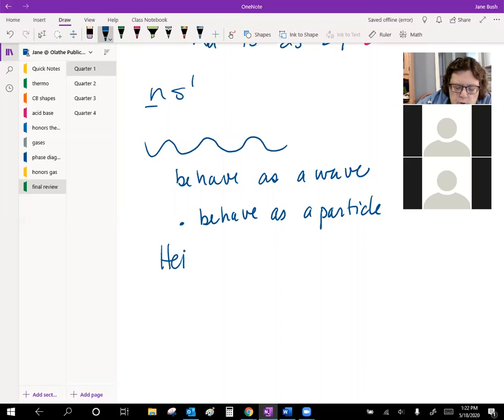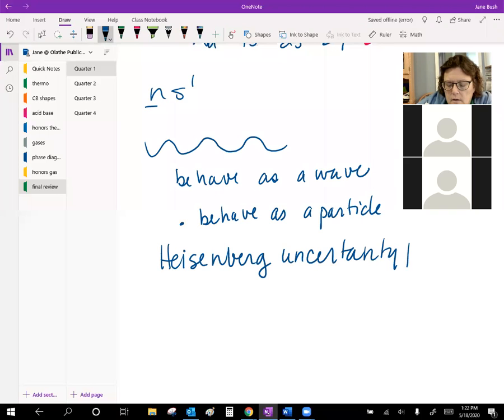And Heisenberg is the guy that came up with the uncertainty principle. Which says the electron is either going to act as a wave or act as a particle. Sorry.